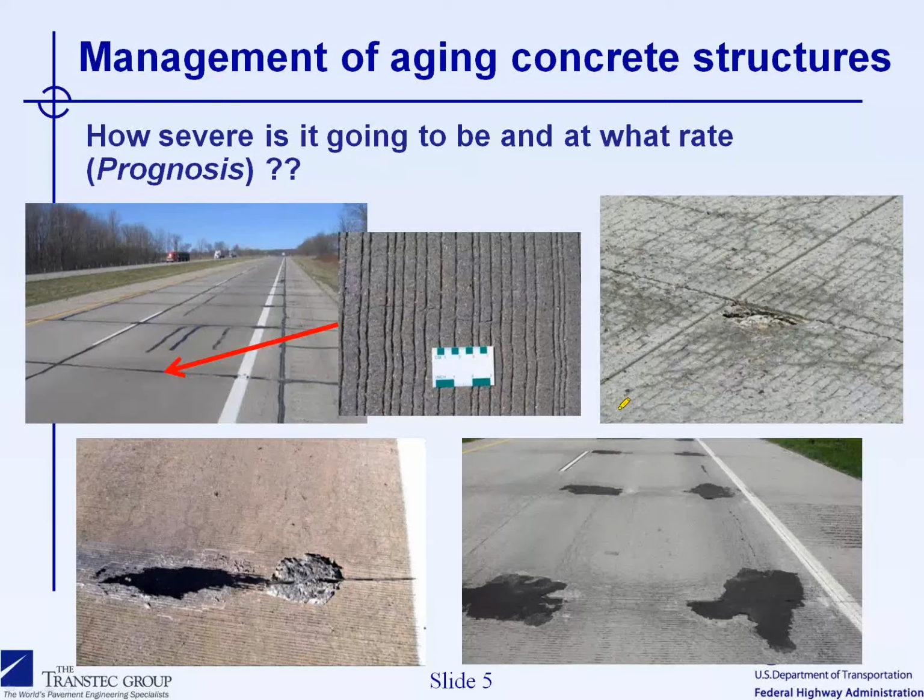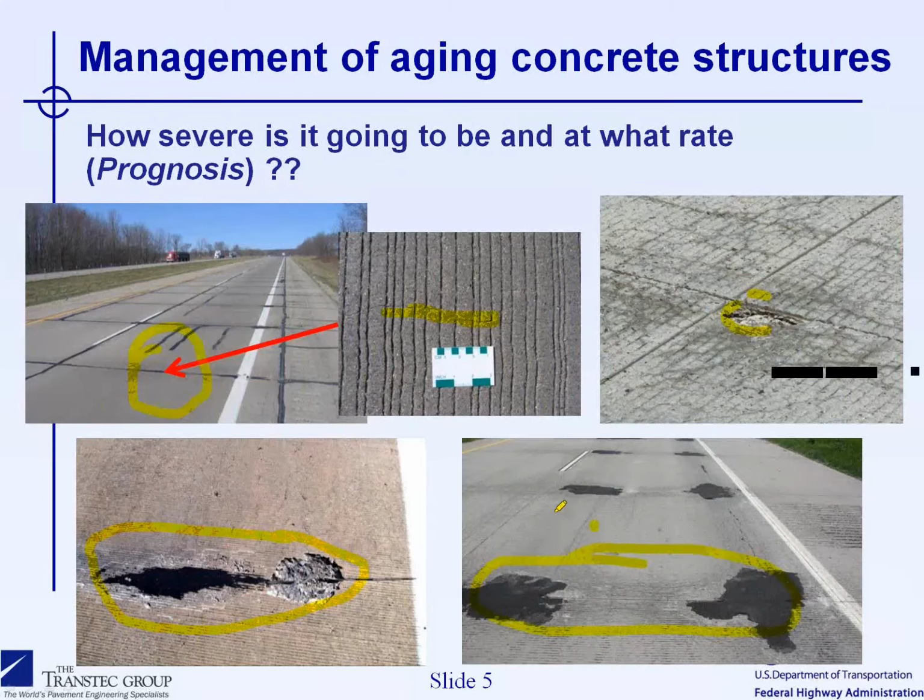Also, it is quite critical to determine how severe the deterioration is going to be, and at what rate that deterioration is going to develop. So you can see in this pavement here, you have some cracking happening in different sections of the pavement, and with time, as the deterioration continues to occur, you will see spalls developing at the joints between the different sections of the pavement.